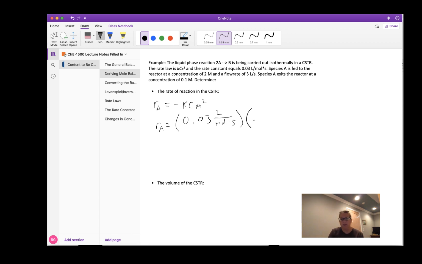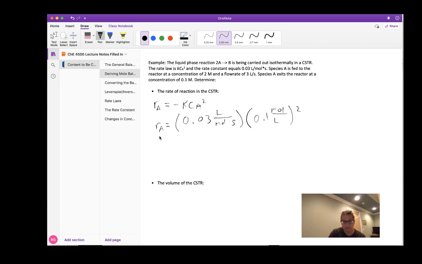As we talked about in the last part of this lecture, the CSTR operates at the exit conditions. So the concentration inside the CSTR is the same as the concentration exiting the CSTR. So the rate in the CSTR is going to use the exit concentration.